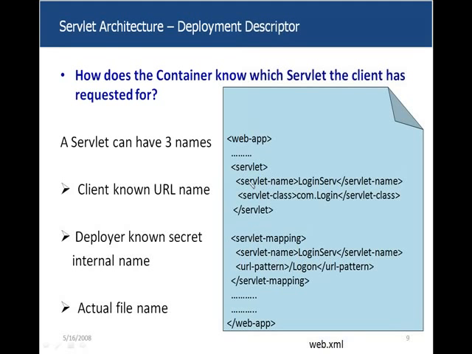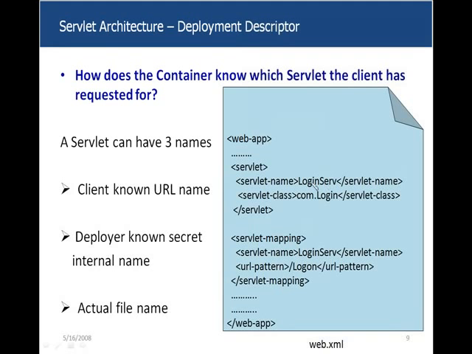As you can see here, it has certain elements like the servlet mapping, etc. We'll discuss what these elements are. Every servlet in the web application should have an entry in the web.xml.